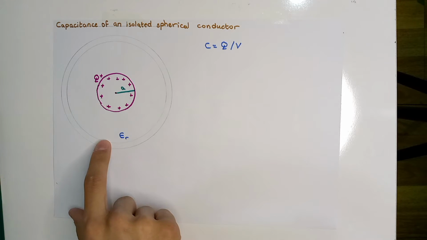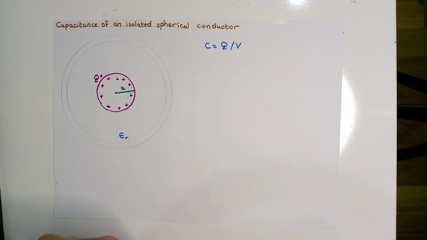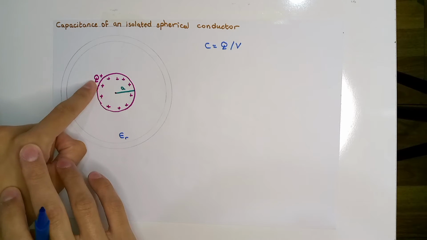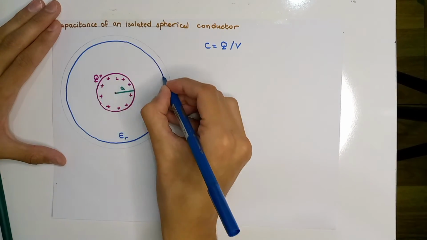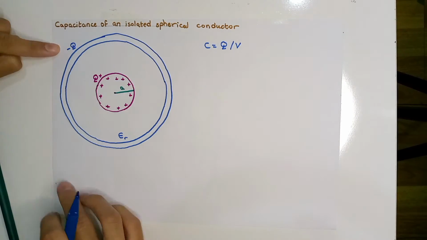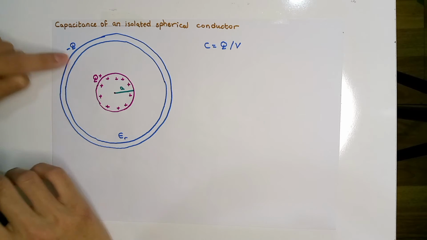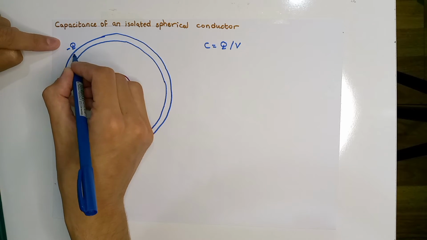So for this we are going to construct a hypothetical imaginary conductor which has an opposite charge. This conductor that I draw has the same charge magnitude as this conductor, but its sign is opposite: as this one is positive, that one is negative.